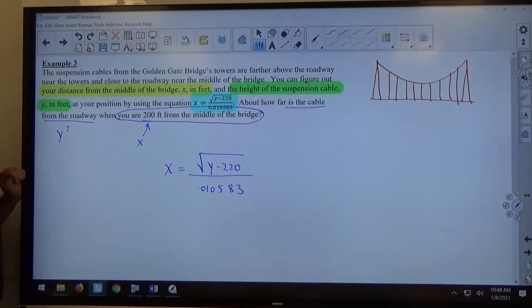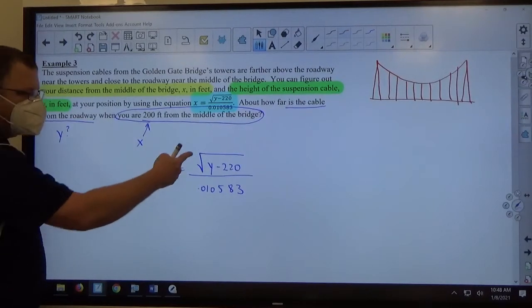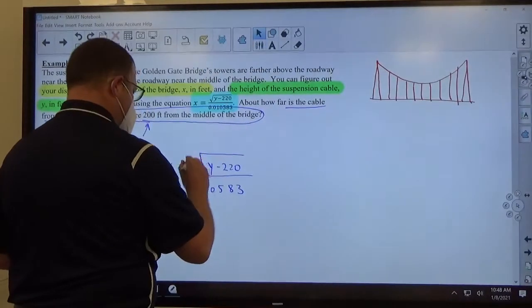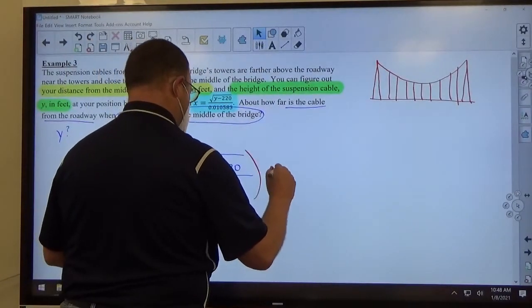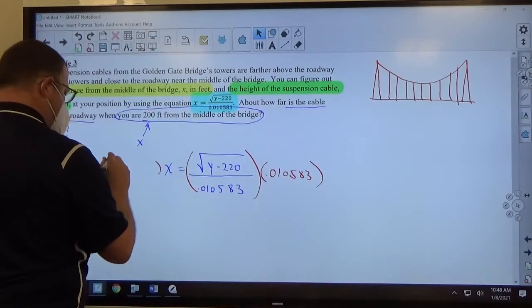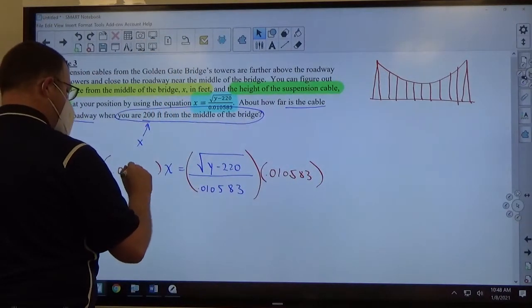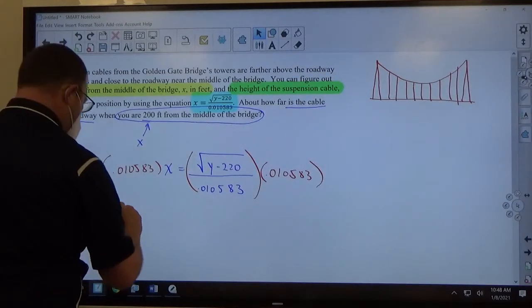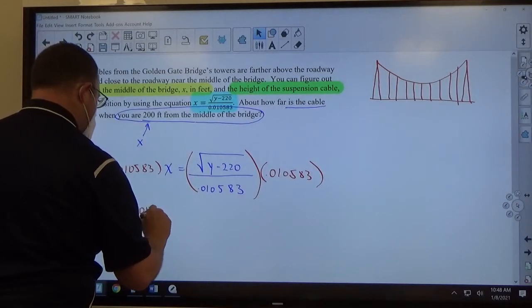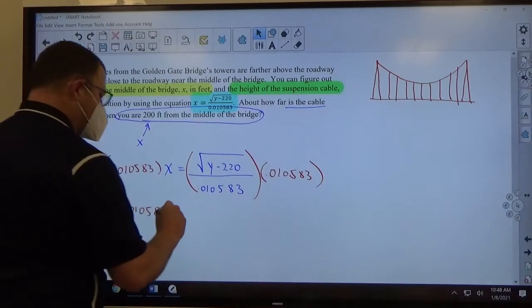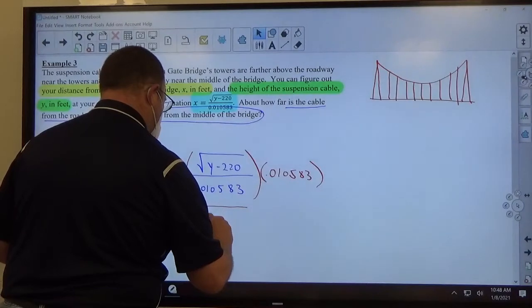My first step is to isolate the radical, and currently the radical is being divided by something, so multiplying both sides by that something would be the correct first step. So I'm going to get 0.010583x equals the square root of y minus 220.